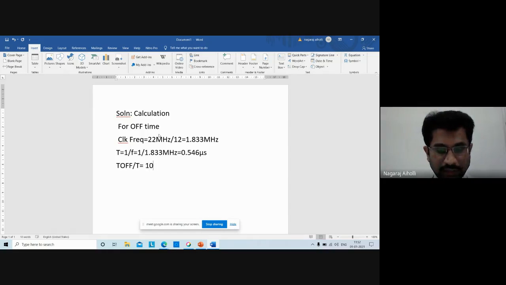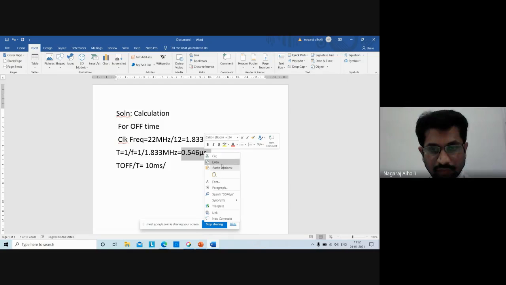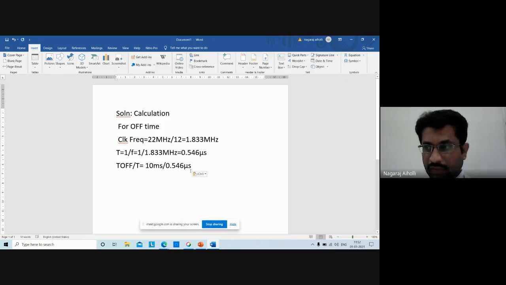So 10 milliseconds divided by the time period 0.546 microseconds gives the number of clock cycles required for the timer to count. This comes out to 18,315 clock cycles.